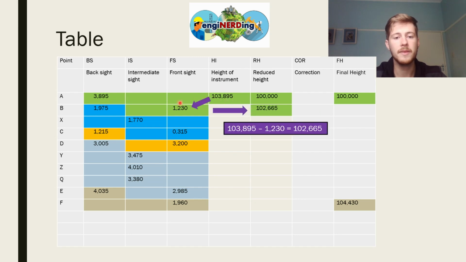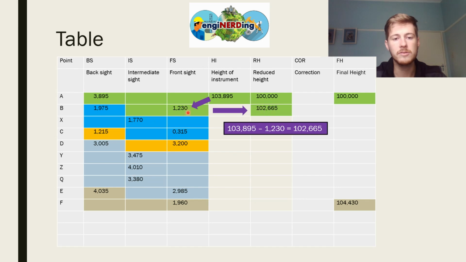Then you take every intermediate site and fore site in that setup and subtract it from the height of instrument. In this case we only have a fore site, so you say 103.895 minus the 1.230, and it gives you your next reduced height.